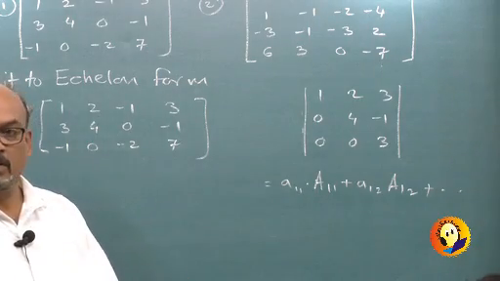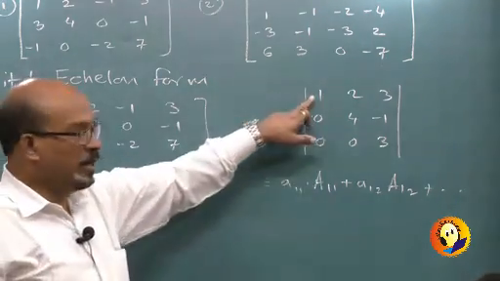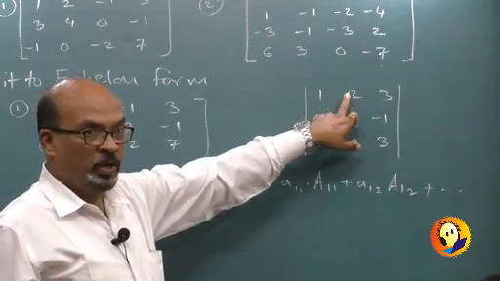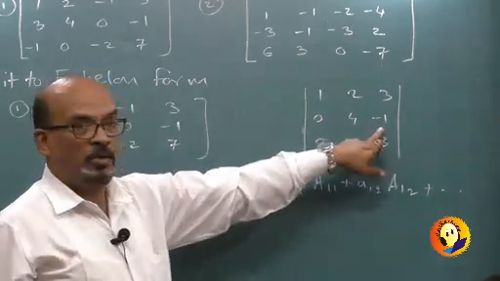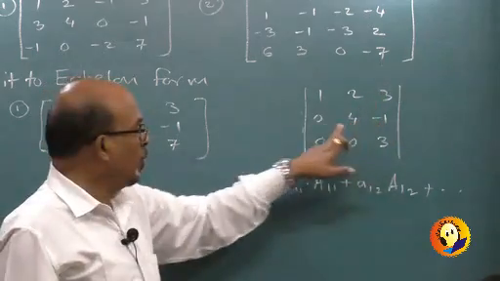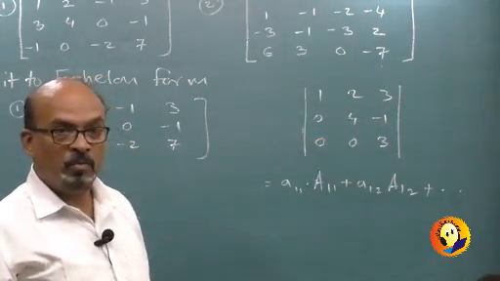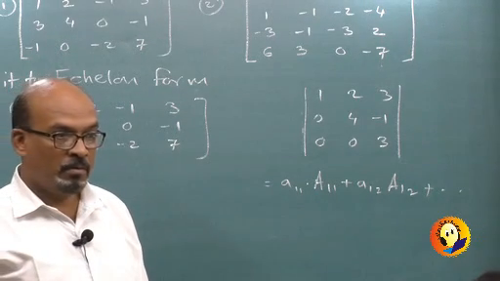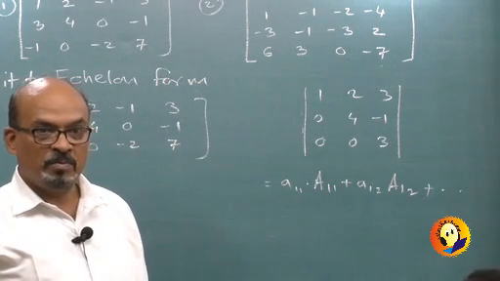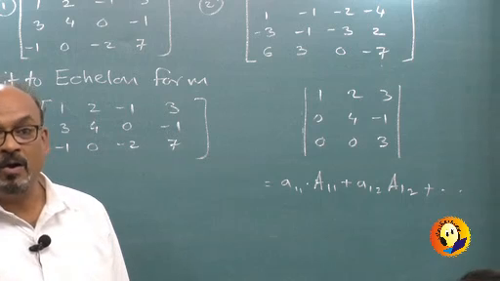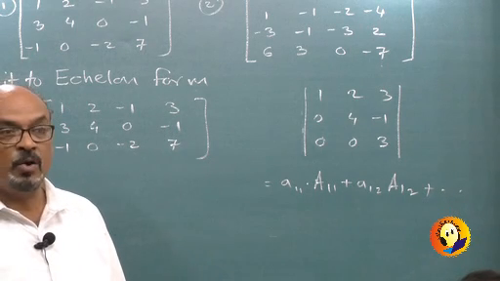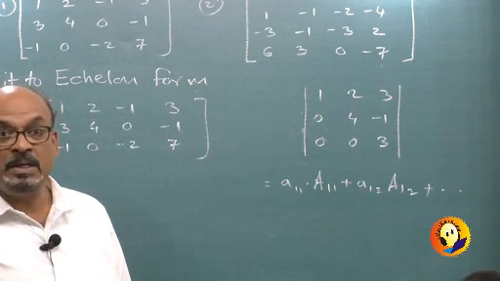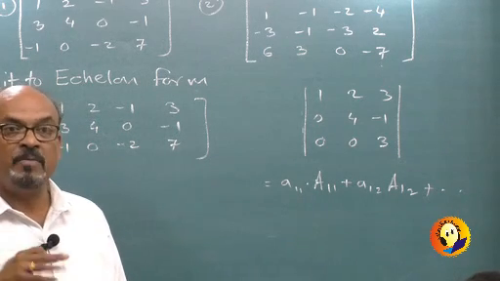You can do this orally, right? So it is 1 into 4 into 3, minus 2 into 0 minus 0, plus 3 into 0 minus 0. So what happened? 1 into 4 into 3. So finding a higher order determinant is always reducing the lower triangle to 0 and taking the product of the diagonal elements. Many people forget this and we end up with a problem.